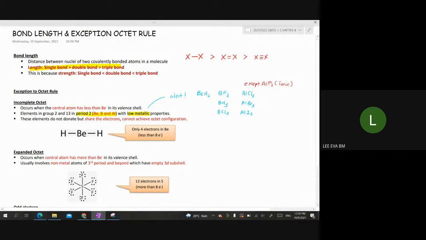Sebab bond kalau dia lagi banyak triple bond, sebenarnya dia punya forces of attraction is stronger. So we can see the strength for triple bond is the strongest. So strongest bond giving you the shortest length. Weakest bond give you the longest length. So kaitkan awak punya bond length dengan dia punya strength. Triple bond is the strongest, therefore shortest. Single bond is the weakest, therefore the length is the longest.